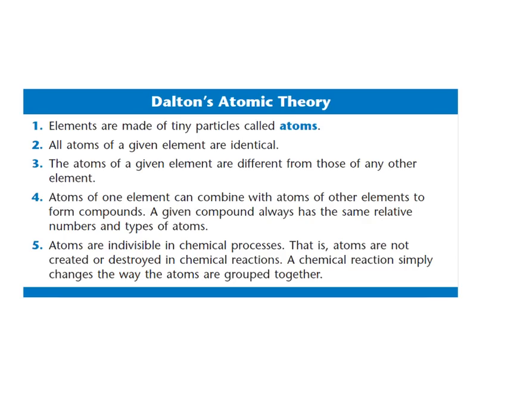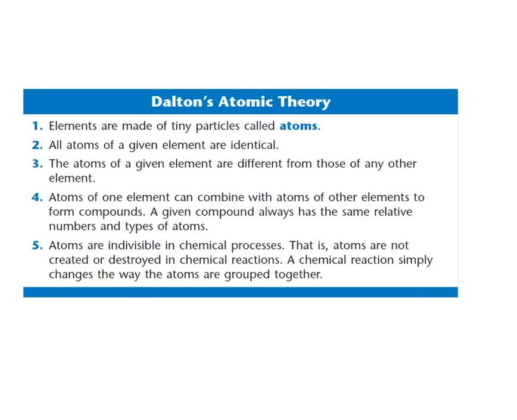So when I look at one sample of water on one side of the planet and another sample on the other side of the planet, or in space or wherever, it's always going to be 2 hydrogens and 1 oxygen atom. That's something fixed, and that actually led to another one of his laws, which we'll get to at another time. But atoms of one element can combine with atoms of other elements to form compounds.